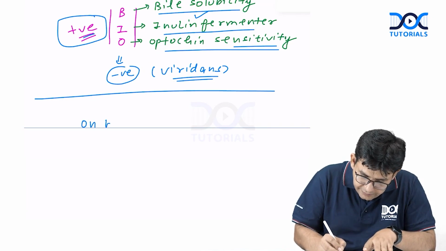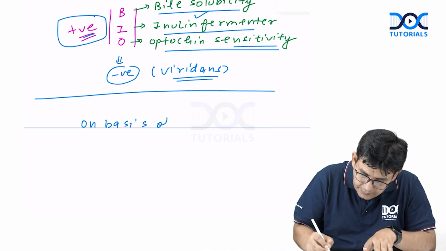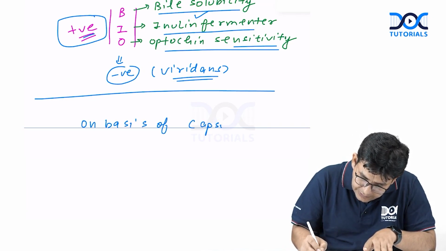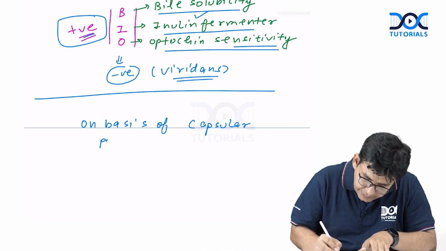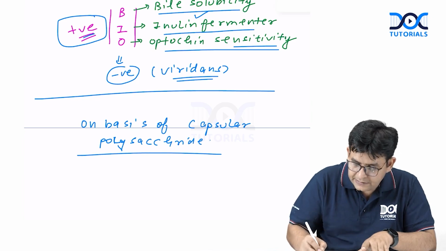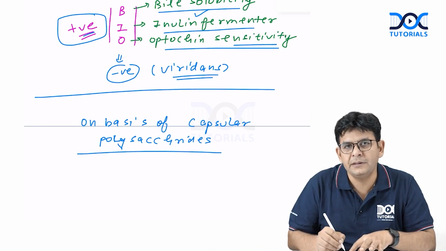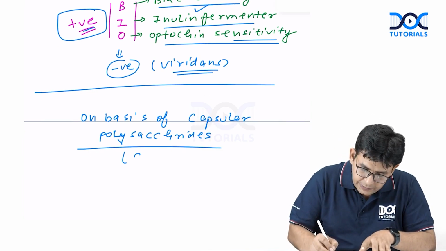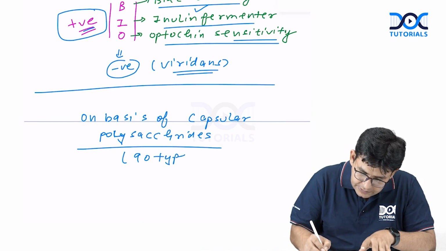On the basis of capsular polysaccharide, just now we have done that it is made up of polysaccharide, we divide this pneumococcus into 90 types.